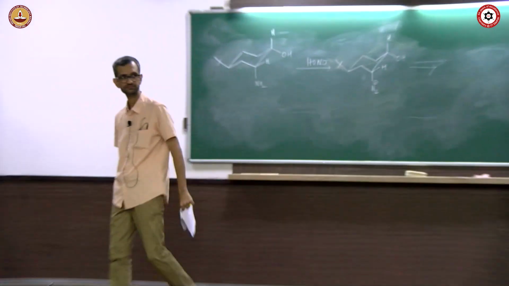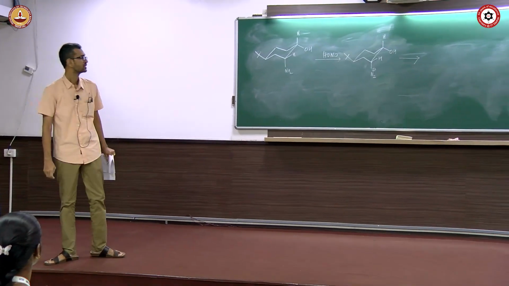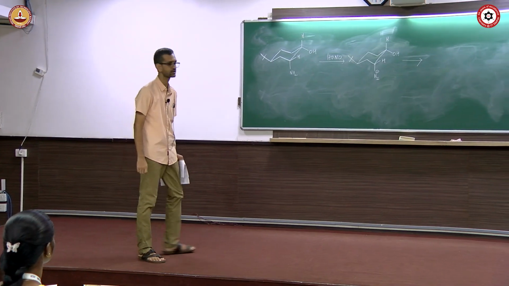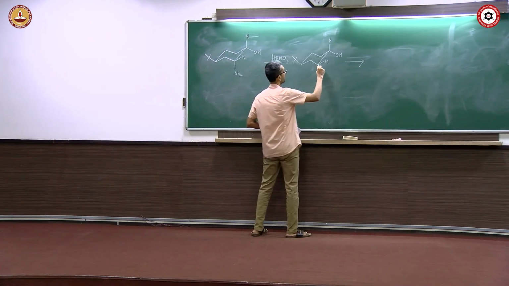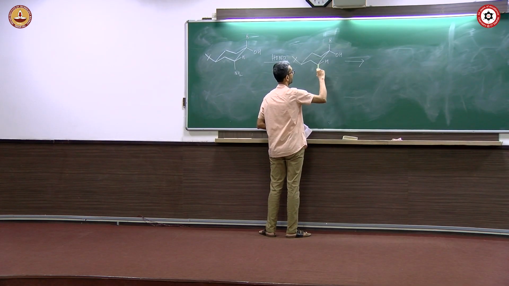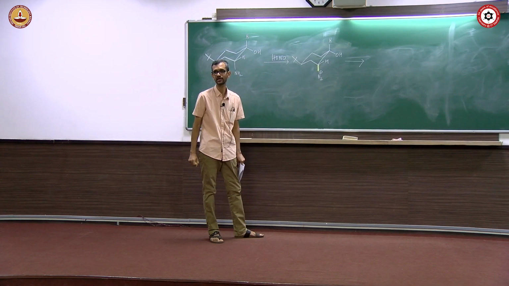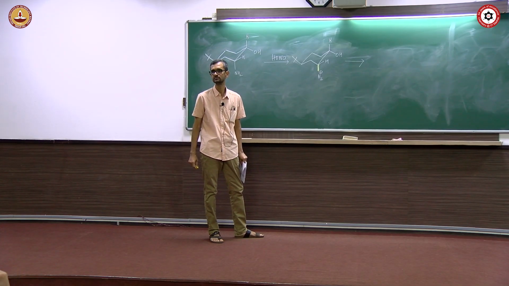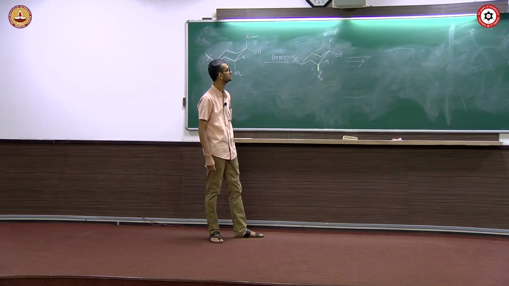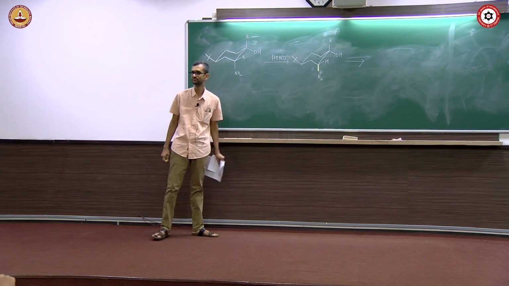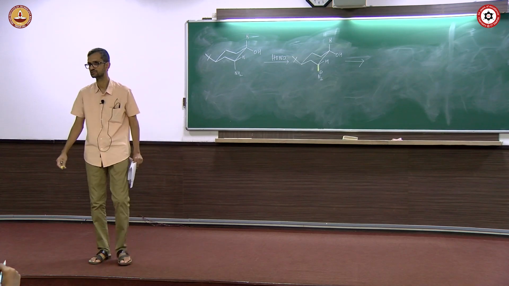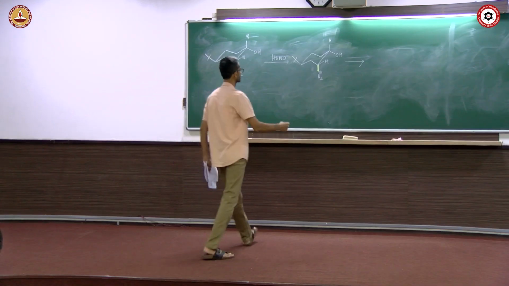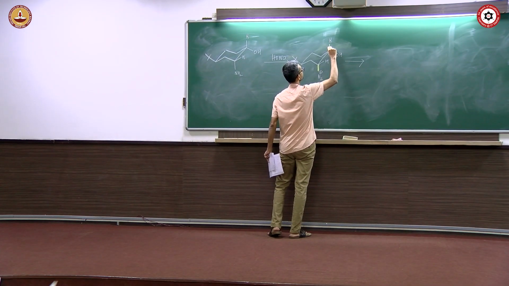Now what is the next step? You have to locate the antiperiplanar group. What is the antiperiplanar group here to the leaving group? To this bond, what is the antiperiplanar bond? This is axial. The C-H is in the axial position. So there should be some other substituent in axial. Only then it will be antiperiplanar.